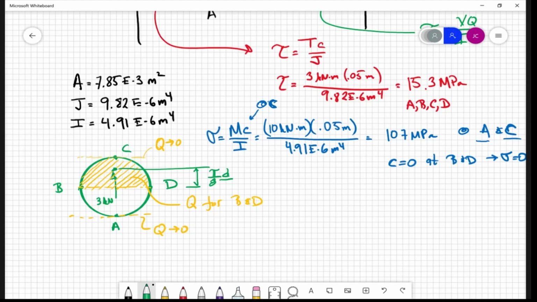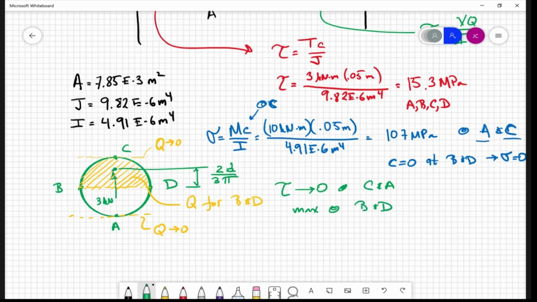Sorry, I'm thinking that it was over Q. It's 2D over 3 pi. Okay, right? So the transverse shear stress goes to 0 at points C and A and is max at points B and D.